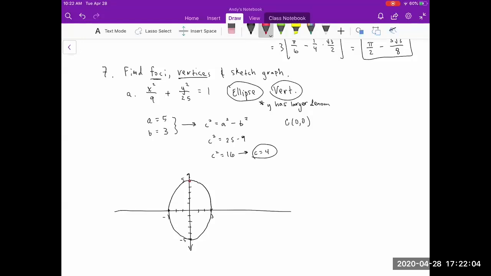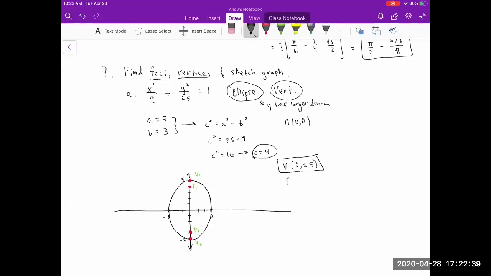Now the vertices are clear. The vertices are for sure going to be 0, 5 and 0, -5. So let me write this. 0, plus or minus 5 for the vertices. And how do you find the foci? You just travel the distance of c towards the vertices. So if this is v1 and v2, then this will be f1 and f2.